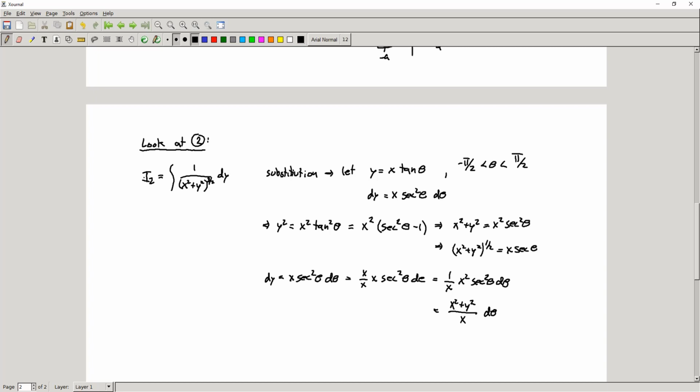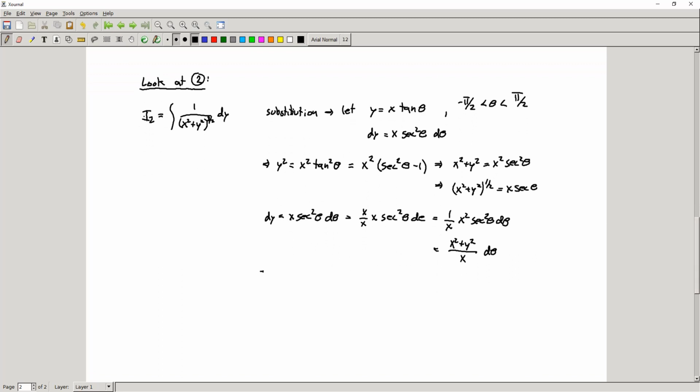Okay, that's our dy. And what we want to do is isolate d theta. So this tells us that d theta is equal to x dy, right? We're basically taking the reciprocal of this and multiplying it through to the left-hand side here. So we're going to end up with x dy over x squared plus y squared.